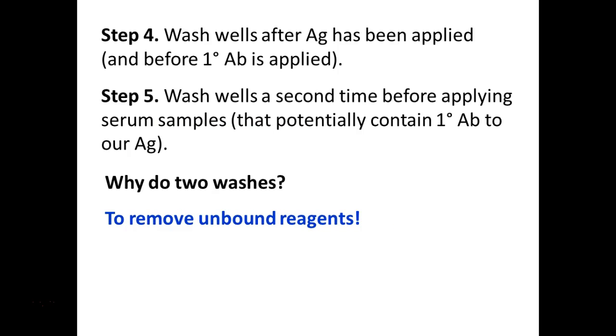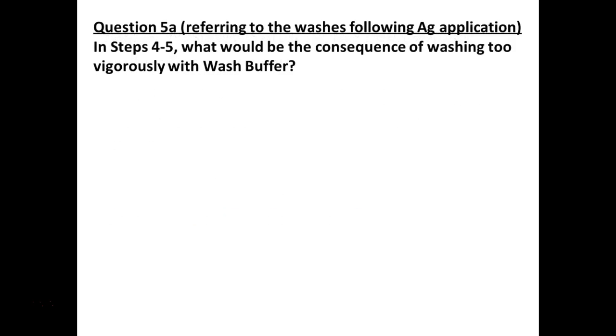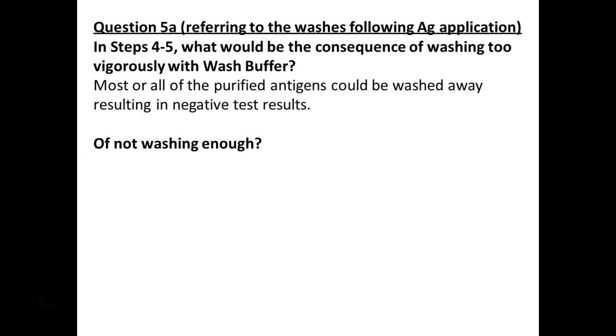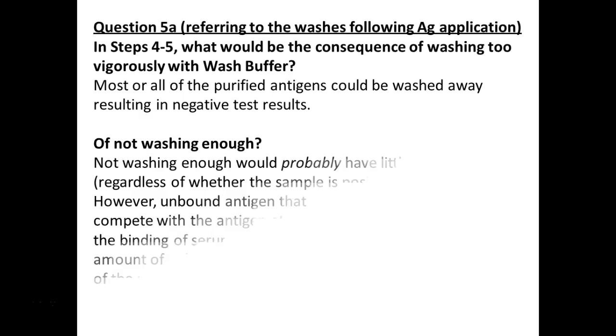Why 2 washes? Because again, we're removing things that are unbound. What happens if you wash too much though? We're going to remove our stuff that we need. In simplest terms, we don't want to do that. But if we don't wash enough, we're not going to remove the stuff that didn't stick, and this will interfere with our test results.